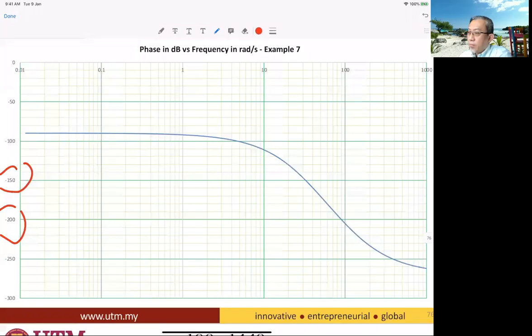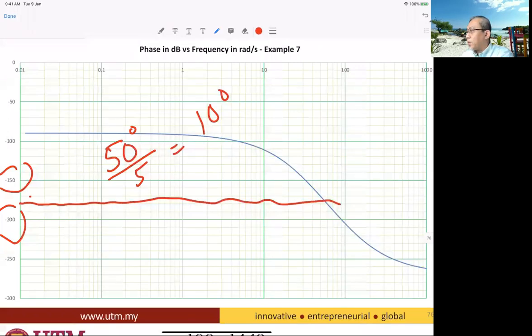So the range is 50 degrees, and the segments are 1, 2, 3, 4, 5, meaning that one segment is equal to 10 degrees. So 150, 160, 170, 180, so 180 is somewhere here. Sorry if my line is not straight. So you can play around with the empty Bode plot.